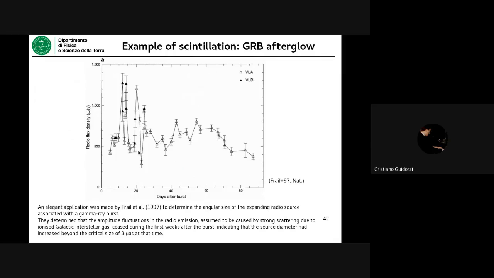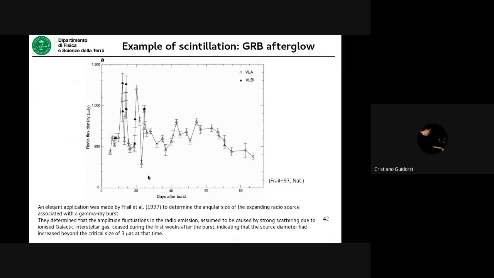In this way, you know the critical size, so they estimated that at this point the source has expanded in such a way that its angular size was 3 micro arcsecond, which is an incredibly small angle. You cannot measure it directly.